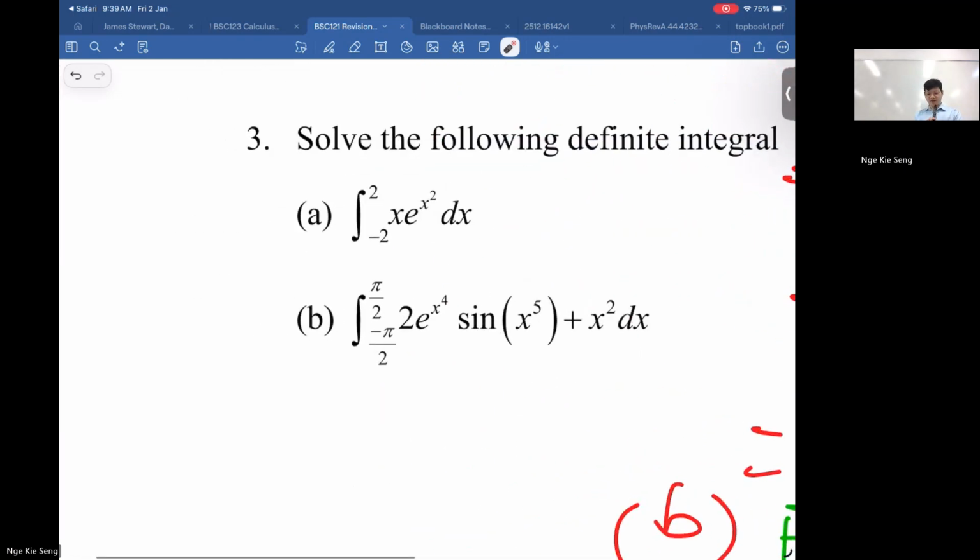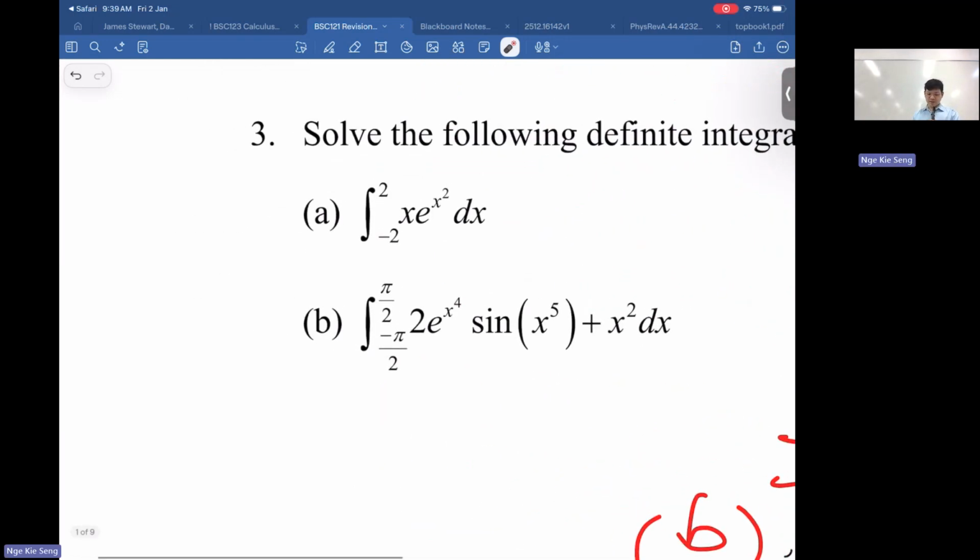Sure. So the first one, you integrate x times e to the x squared, from minus 2 to 2. The other one, we do e to the x^4, 2 times e to the x^4 sine x^5 plus x squared dx. Okay, so you see that there are friends there. I mean, they are friends together. So what do I mean by friends here?